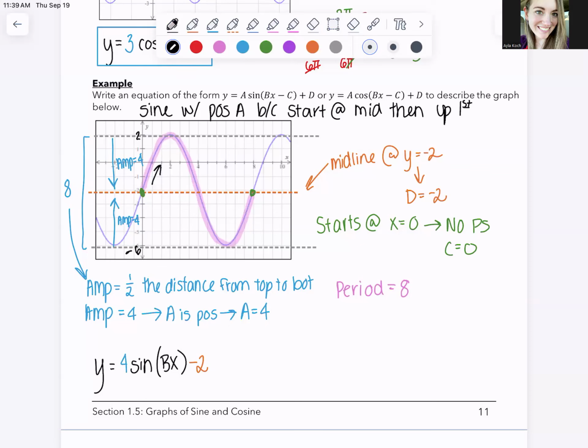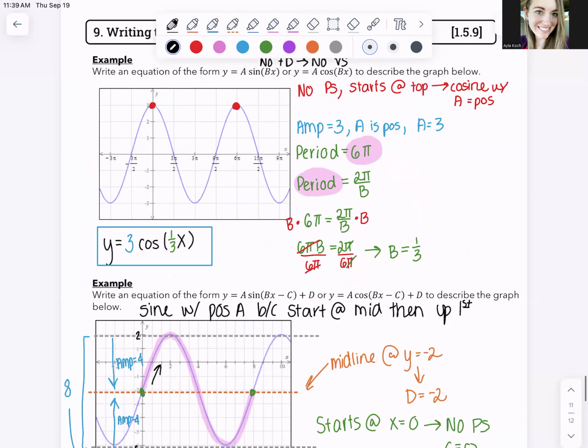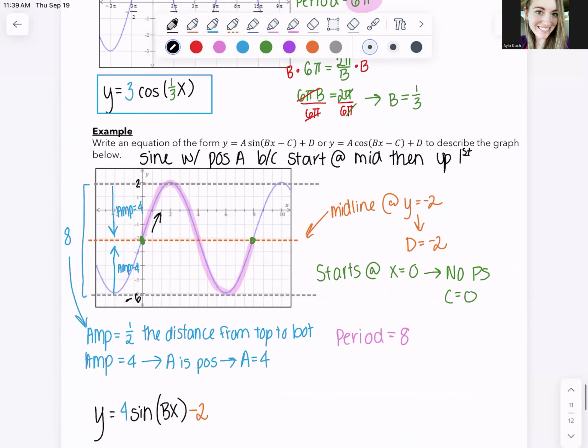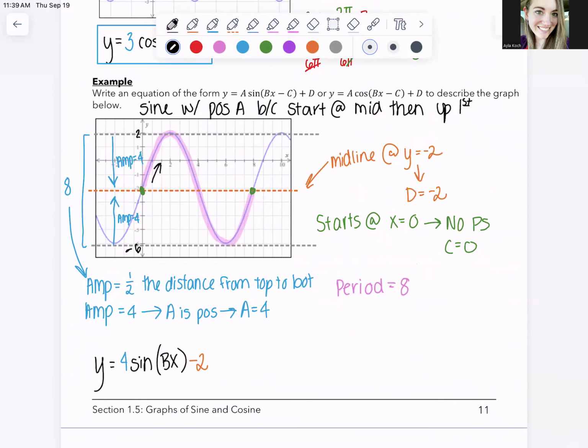All right, the last thing is figuring out b, and it's going to be a similar process to what we did over here in the previous problem. We know the period is 8. We also know that the formula for period is 2 pi divided by b. 8 is equal to 2 pi divided by... oops, I went to solve for period again, but we're solving for b here. I need to multiply both sides by b. 8b is equal to 2 pi.